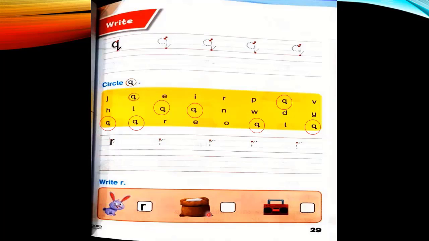What is this? It's a sack. Does it start with r? R, sack? No. It is not starting with r. So you will not write r here. What is this? It's a radio. Does it start with r? Yes. So you all will write r here.